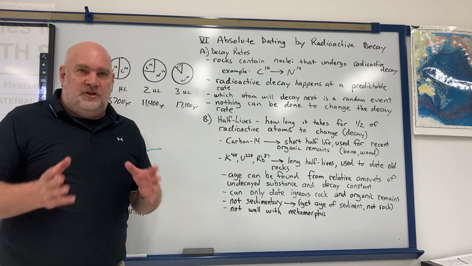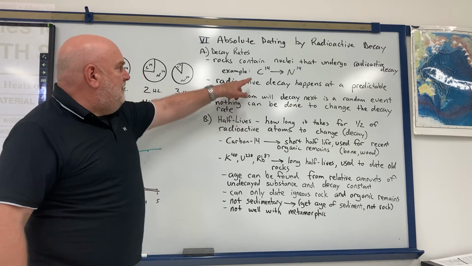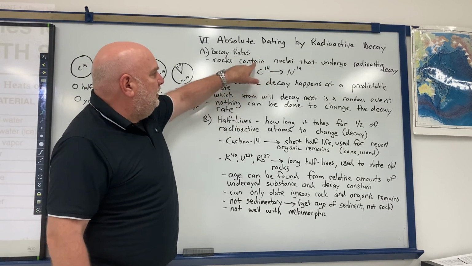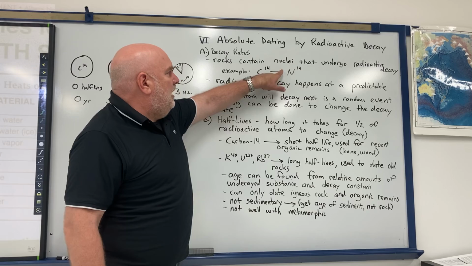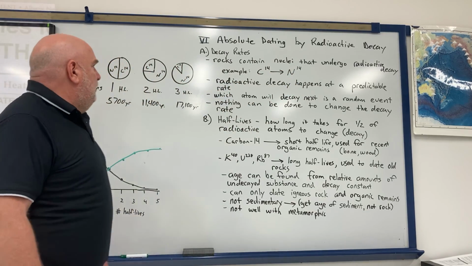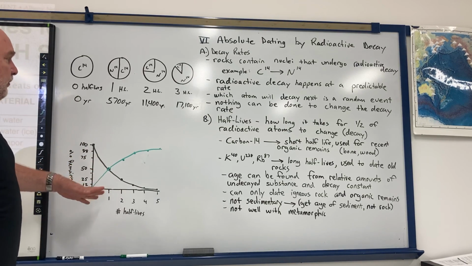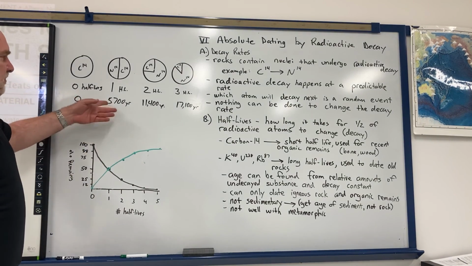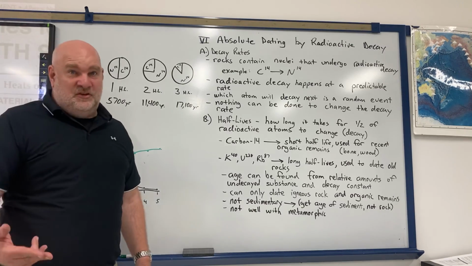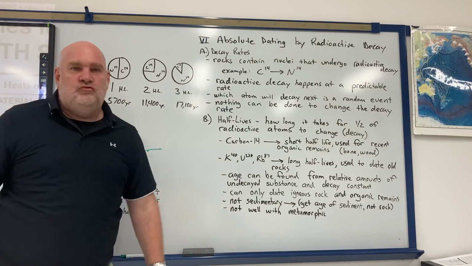You measure how much of the parent material you have and how much of the daughter material it turned into, and then you can figure out how many half-lives it's gone through, and then multiply that by how long a half-life is, which is in your reference tables, and then you can figure out the age of it. All right, so that is radioactive dating.